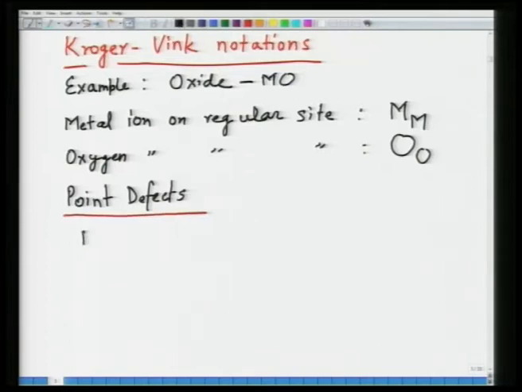So, for example, a metal vacancy is represented as Vm.